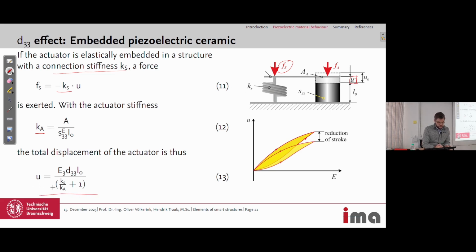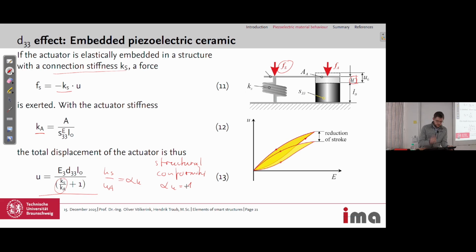And then we can get an equation for the total displacement of the actuator, which is then defined by the electric field, which causes the displacement of the actuator, and also the stiffness is here again, and these Ks divided by Ka is our alpha K again. So this is the ratio of stiffnesses, and we have structural conformity when we have alpha K equals 1, so same actuator and surrounding structural stiffness.